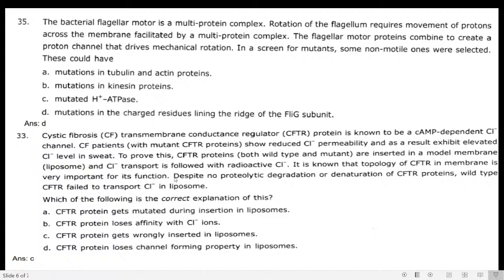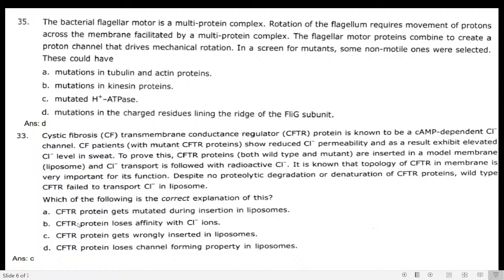This is the result. What they ask is which of the following is the correct explanation for this final result. It is known that the topology of CFTR in a membrane is very important for function. Despite no proteolytic degradation or denaturation of CFTR protein, wild-type CFTR failed to transport Cl- in the liposome.